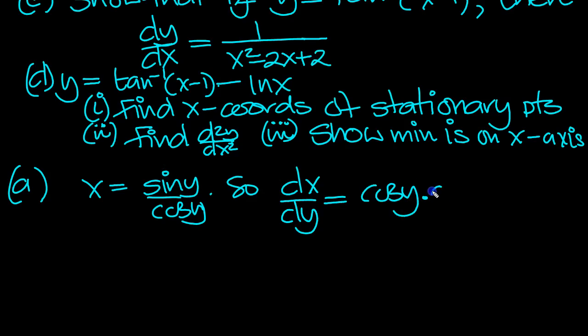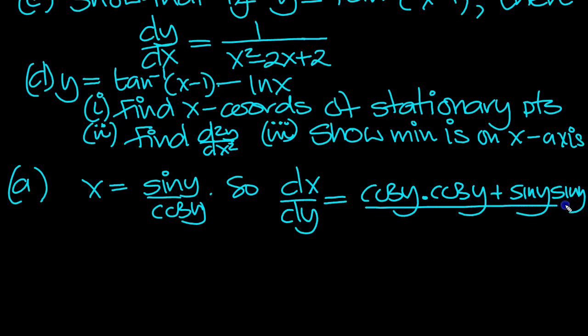Sine differentiates to cos. Cos differentiates to minus sine, so that will be plus another sine, all over v squared, which is cos squared.